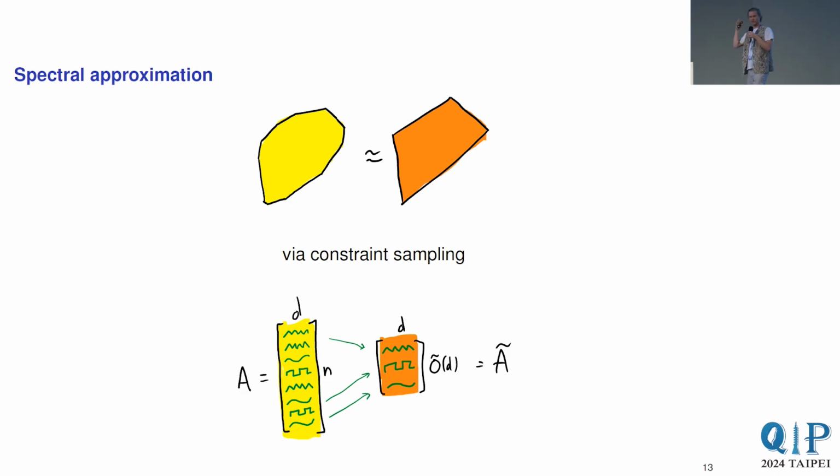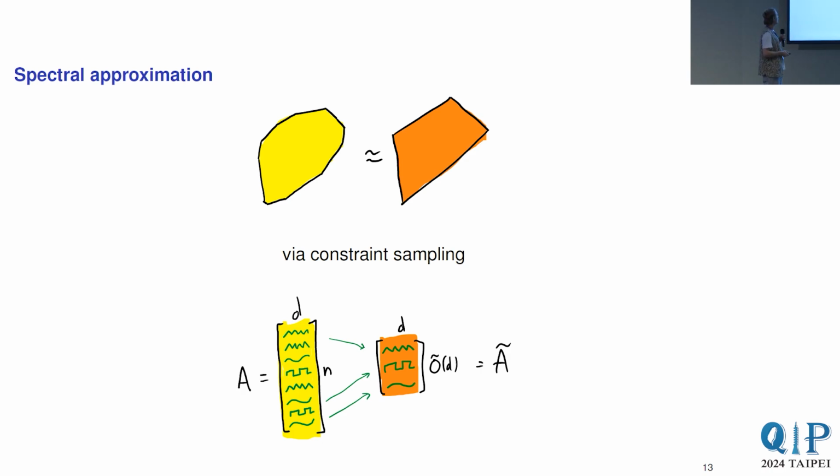But all of these constraints are in a relatively small d-dimensional space, so many of them will look similar. You have these zigzagged ones, you have the block ones. And what we're going to do is try to sample representative constraints and put these in an A tilde, and this will be this orange polytope.